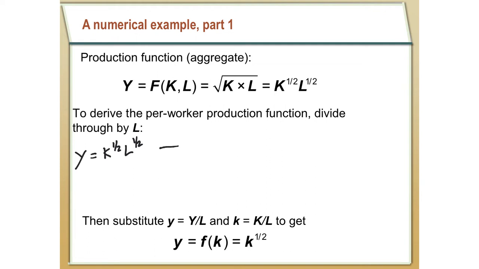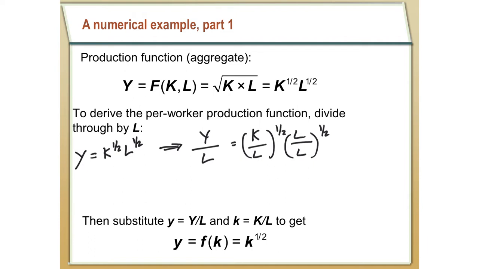So this implies that we can do big Y divided by L is equal to K divided by L to the 1/2 times L divided by L to the 1/2. So this L divided by L to the 1/2 just becomes 1 raised to the 1/2.